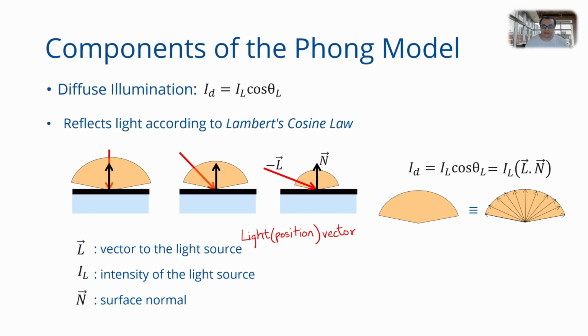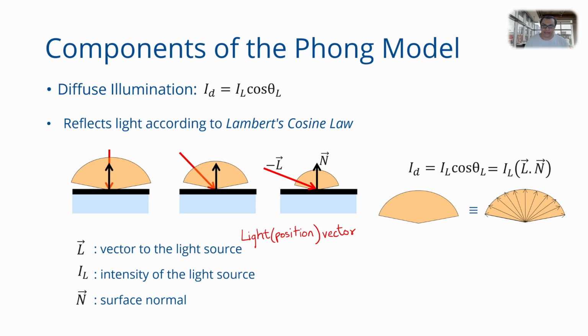So actually they are talking about the vector from the surface point to the light source. So that is the direction of L. Therefore the red arrow has been labeled as -L in the diagram. So in the formula, if you see L, that is the vector from the surface point to the light source.